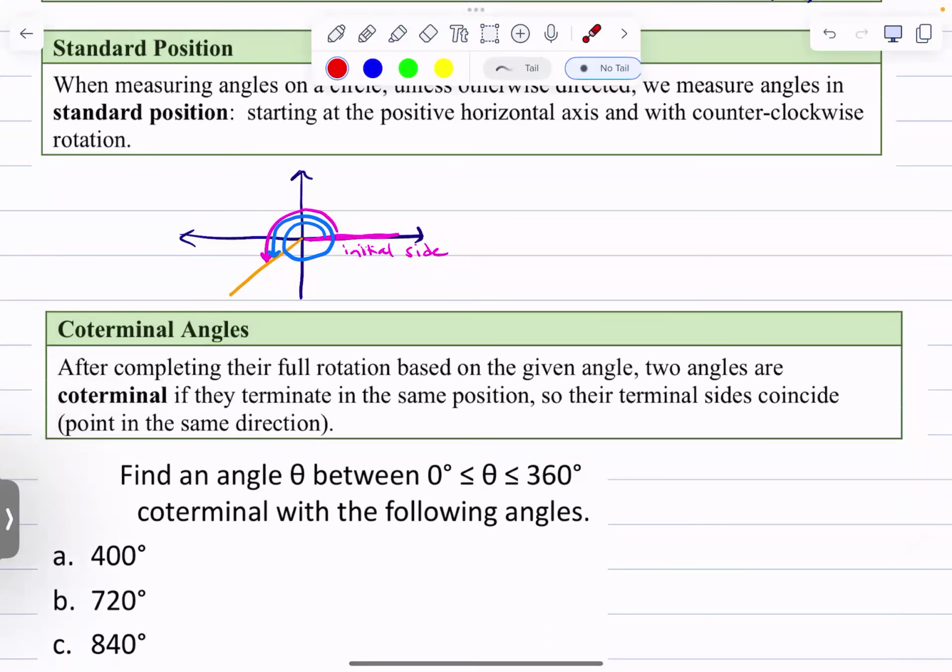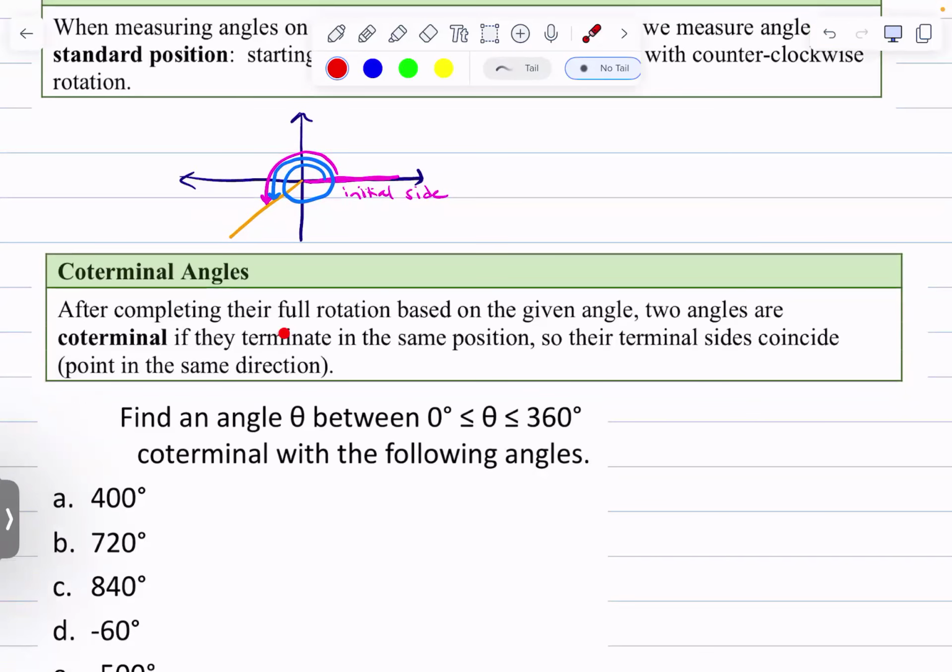Which leads us to coterminal angles. Once you've gone around once, or maybe here, you can go around another time, and you end up in the same spot, which is what a coterminal angle is.